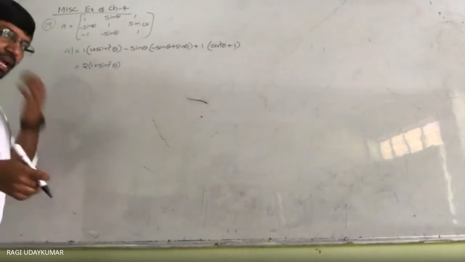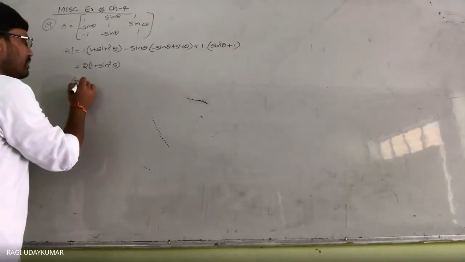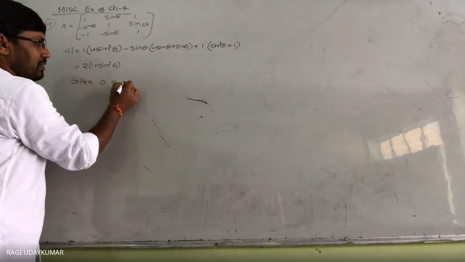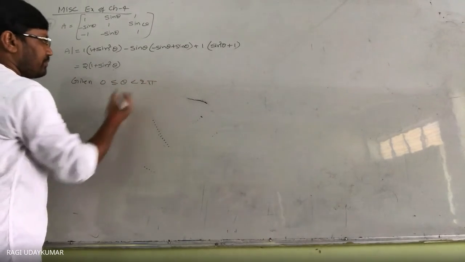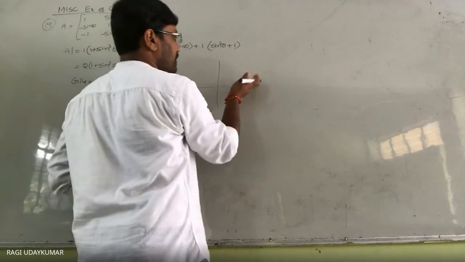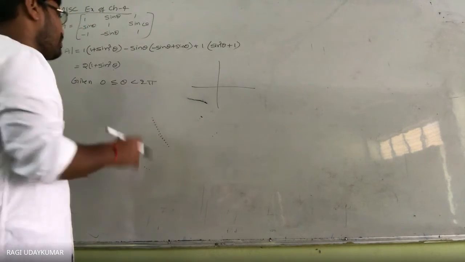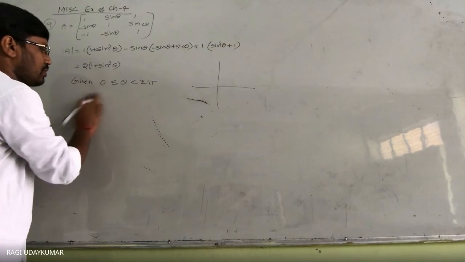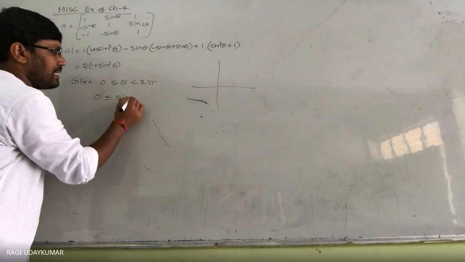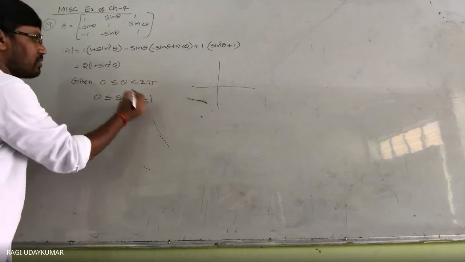This is the determinant, and we are asked to find its range. Here, theta lies between 0 to 2 pi, so what is the range of sin theta? Taking the first and second quadrant, theta is there, so 0 less than or equal to sin theta less than or equal to 1.